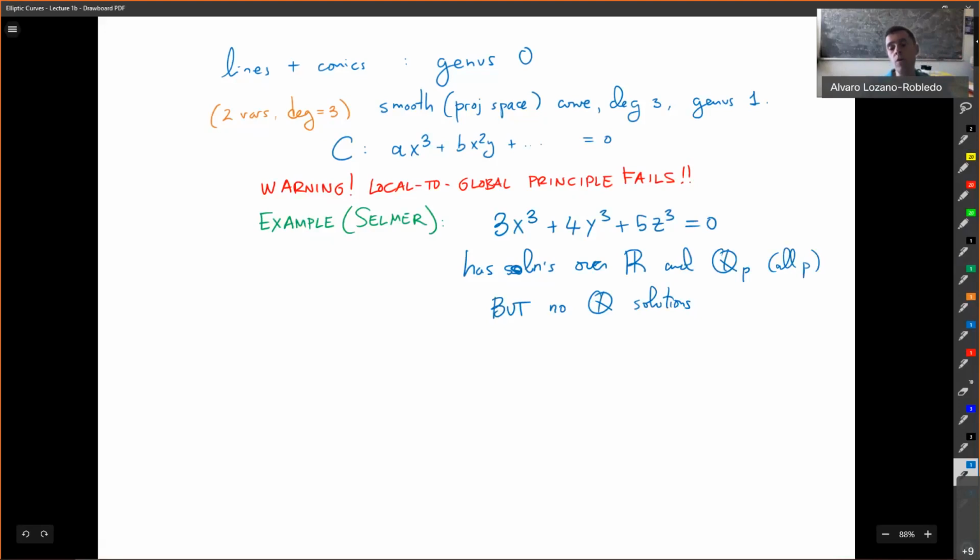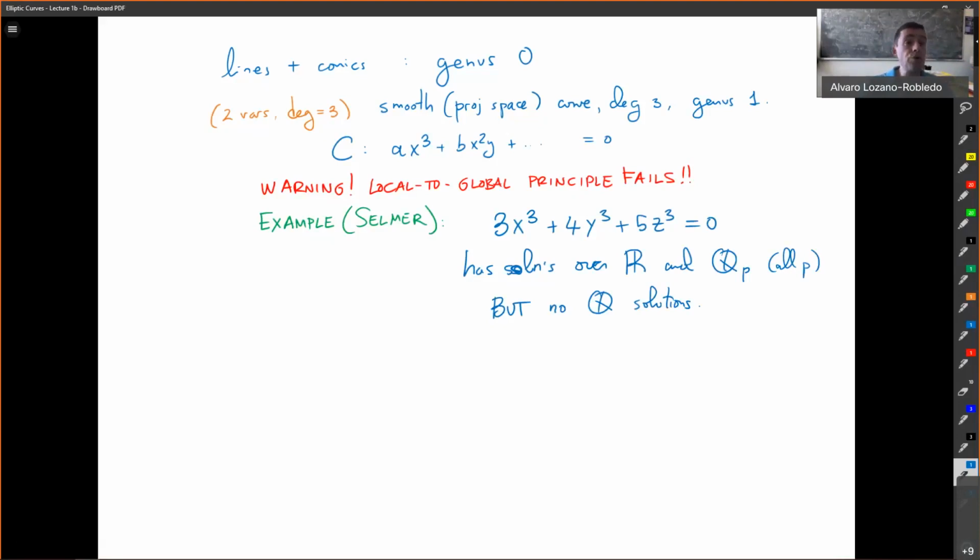So from that point of view, you see that the failure of the local to global principle in these cubic forms is going to cause a lot of trouble.